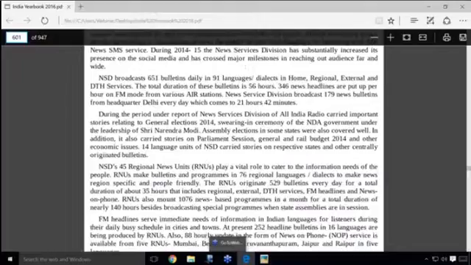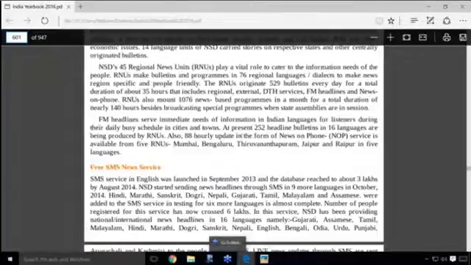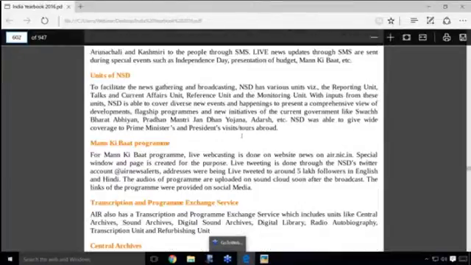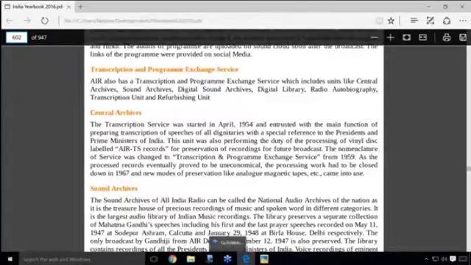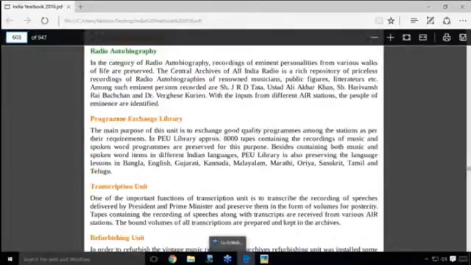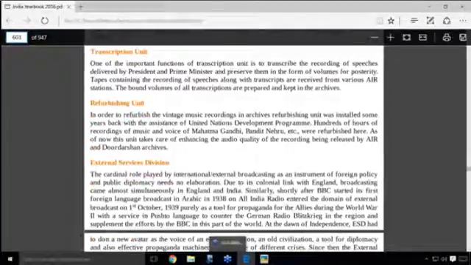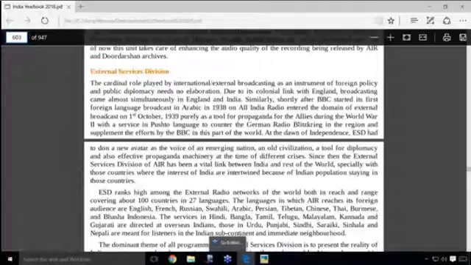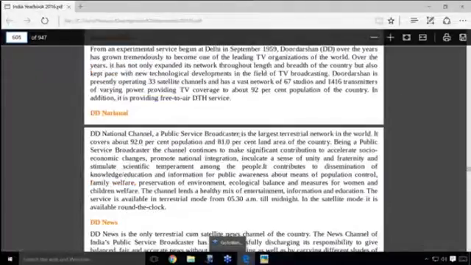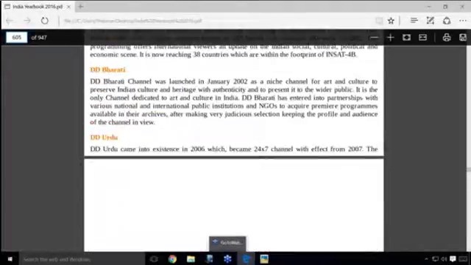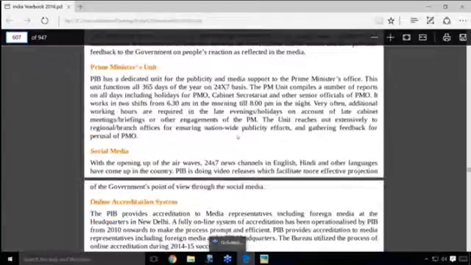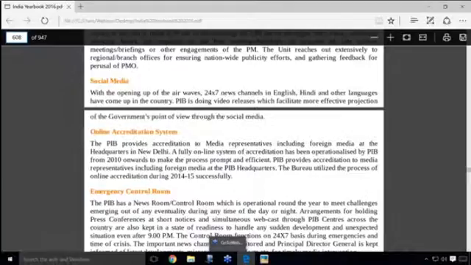And even the information, when you see, you realize that the factual data that is given is completely not required from the UPSC point of view. So there is no need to go through this. Let's take another chapter.